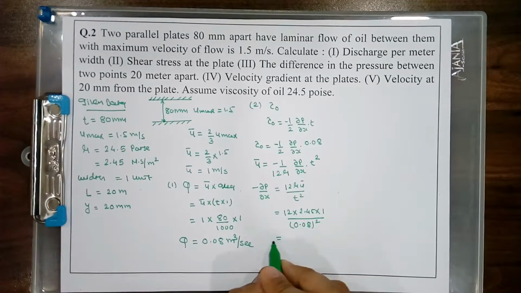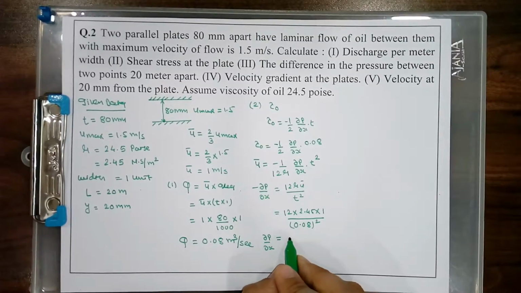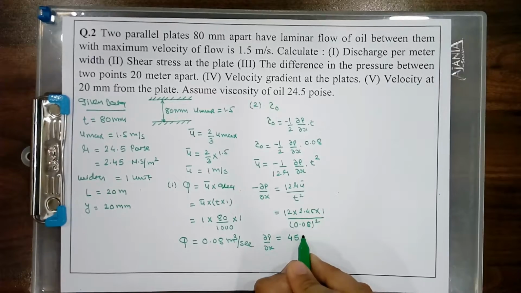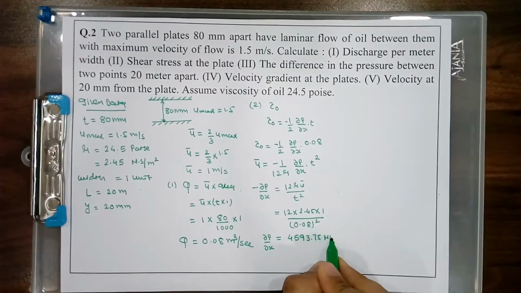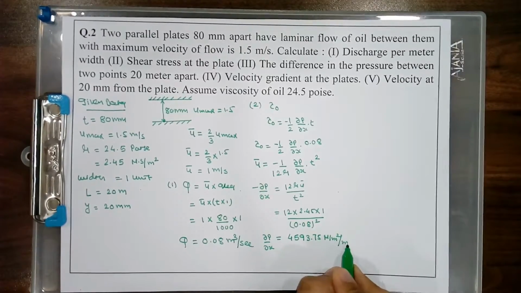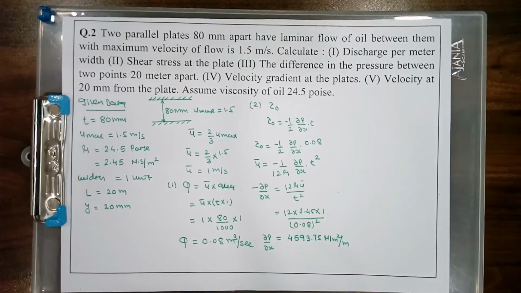So we get del p by del x, that is 4593.75 Newton per meter square per meter. Now we put this value in the shear stress to get the value of tau.